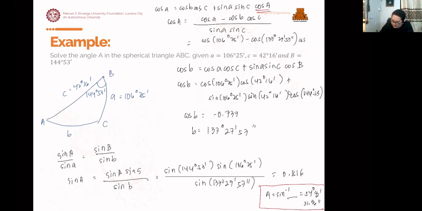Cosine of C natin na 42 degrees, 16 minutes, all over yung sine natin ng B natin, sine of C natin na 42 degrees, 16 minutes. Okay? For a while na lang.